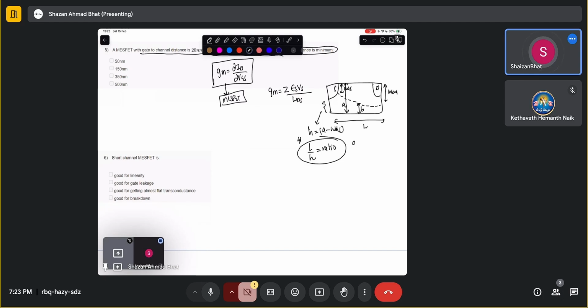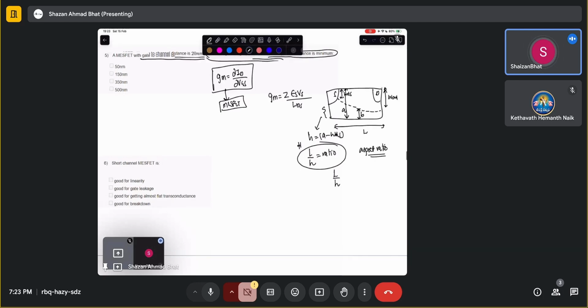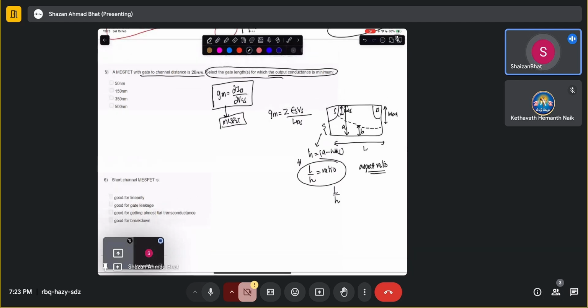So this is basically the gate to channel distance. Okay, so L divided by H is basically the channel distance. Technically it is called an aspect ratio in the simpler sense. And for a typical device operation, for the output conductance to be minimum, and pardon me, this is not here the transconductance, this is the output conductance.